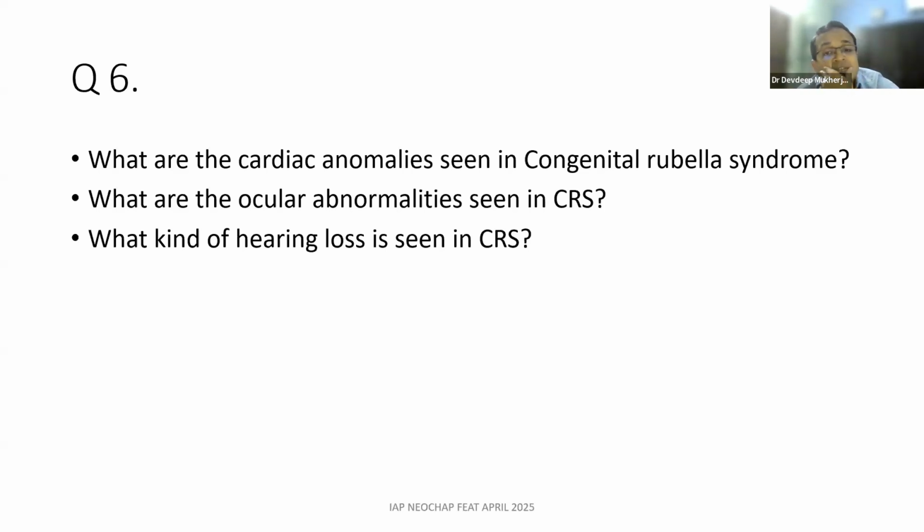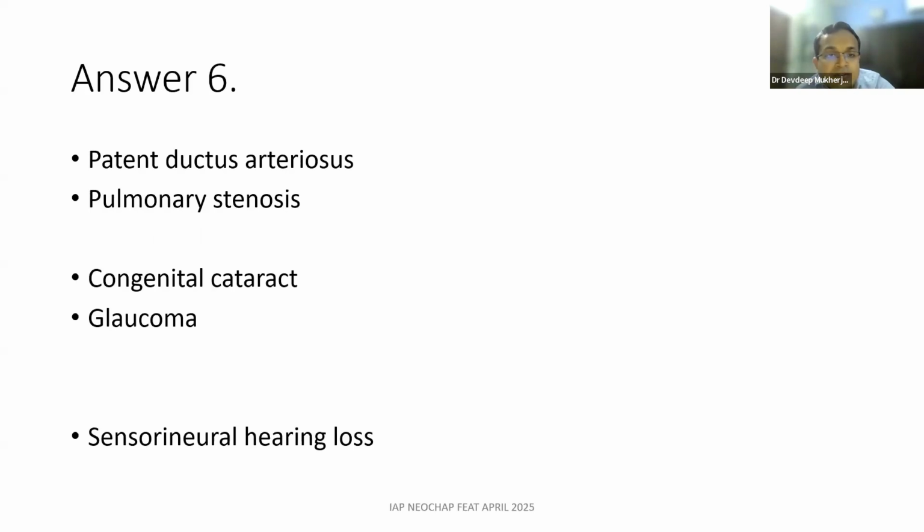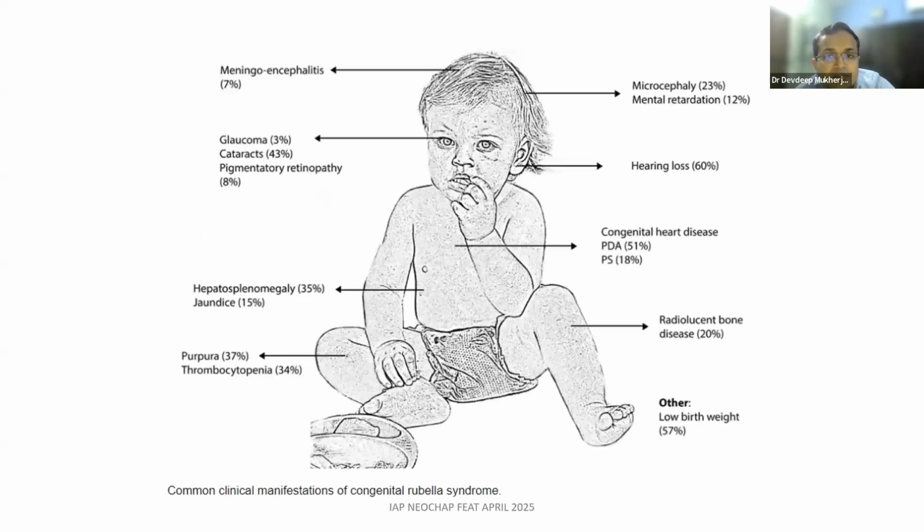Ocular abnormalities, many of you have mentioned cataract. The other one is glaucoma. And yes, it's a sensorineural hearing loss. So these are what we see in congenital rubella. We also see skin lesions, organomegaly, and thrombocytopenia.